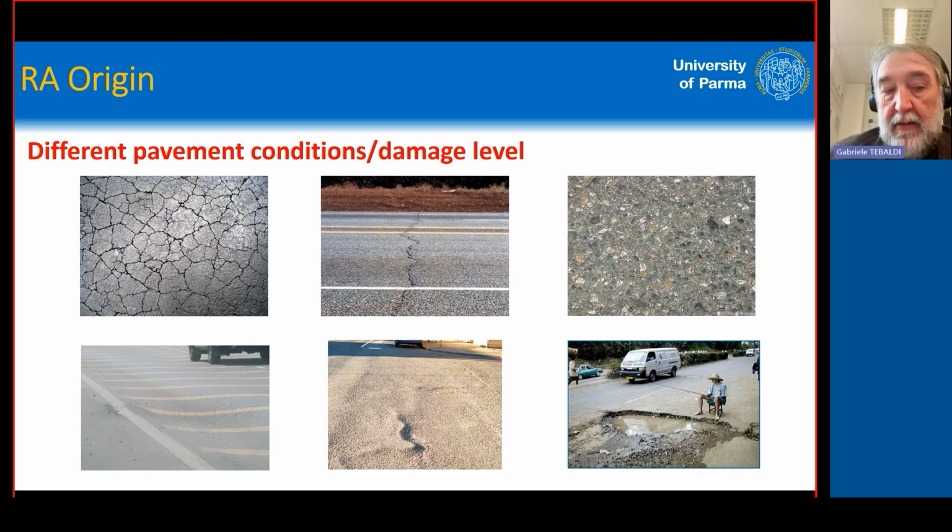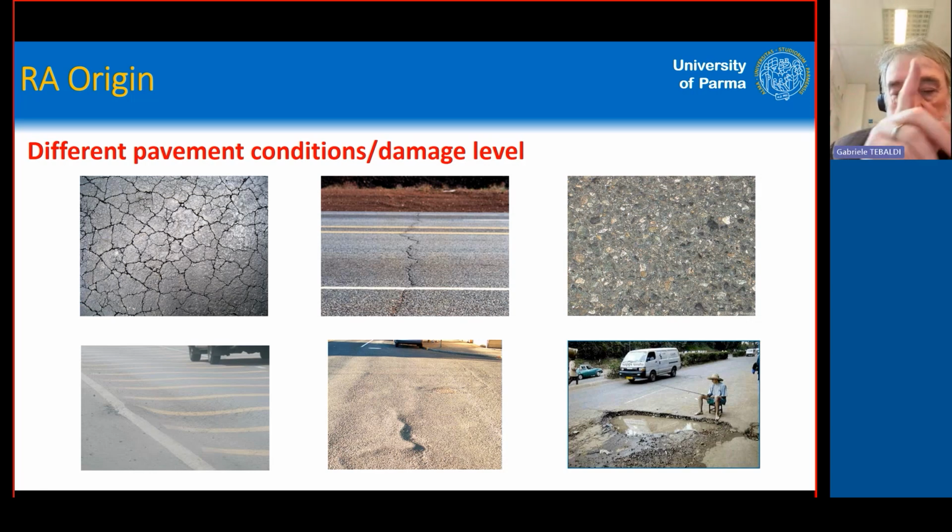And again, another variable is the pavement condition, the damage level. If we have a pavement with just aged material, we have something. If we start to have polishing, the aggregate condition changing, different rutting, it means that we have different behavior of the bitumen and whatever we have.